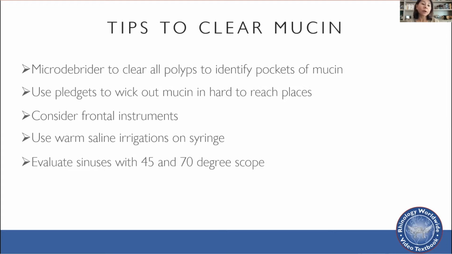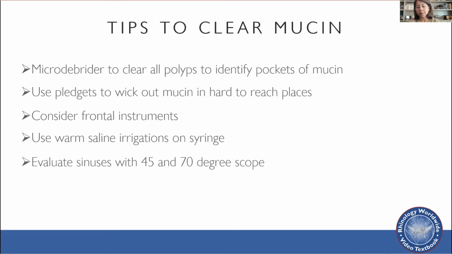Also, using frontal instruments in the maxillary sinus, right? They're more extended and angled, so they can be very effective to reach places, especially in the maxillary sinus or the posterior ethmoid sinuses, that are difficult to reach with the classic instruments that we use for those sinuses.